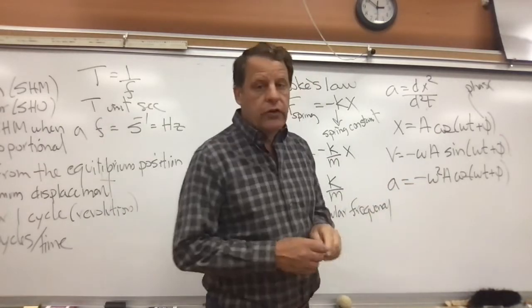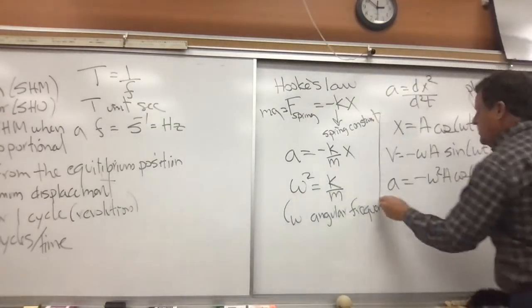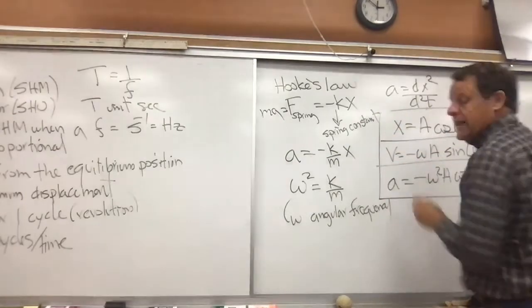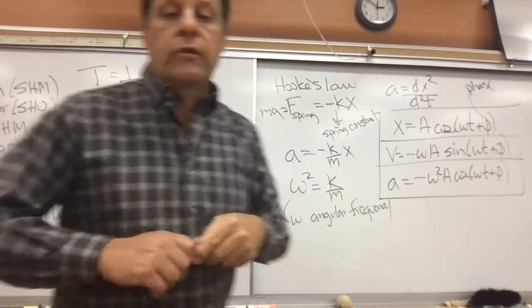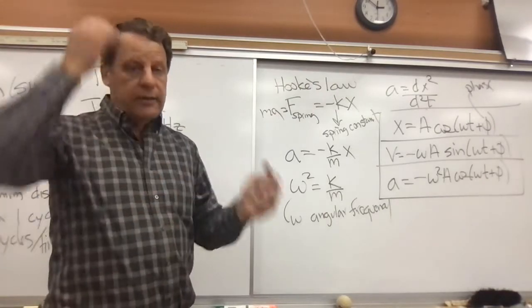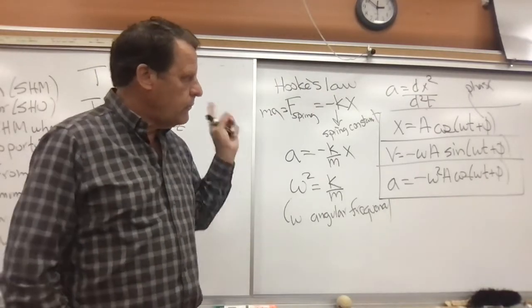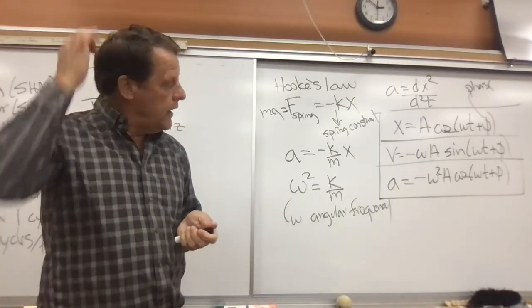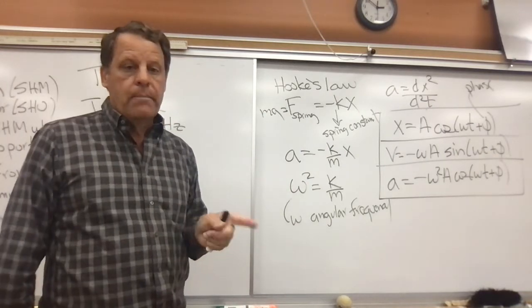So these are three equations, essentially our kinematic equations for determining the position, the velocity, and the acceleration. We're definitely going to use these, and we'll talk more about them as we go.